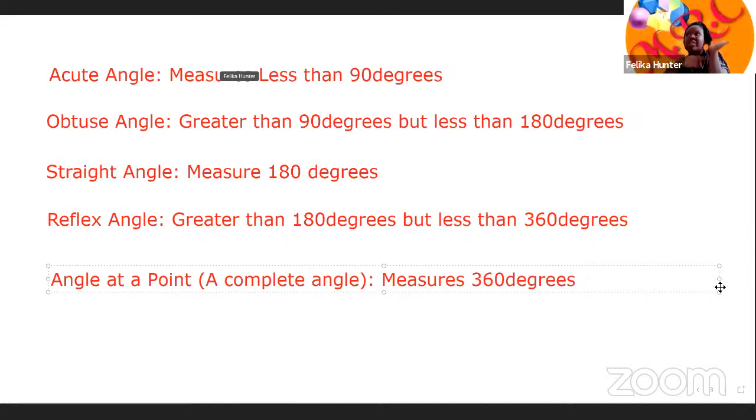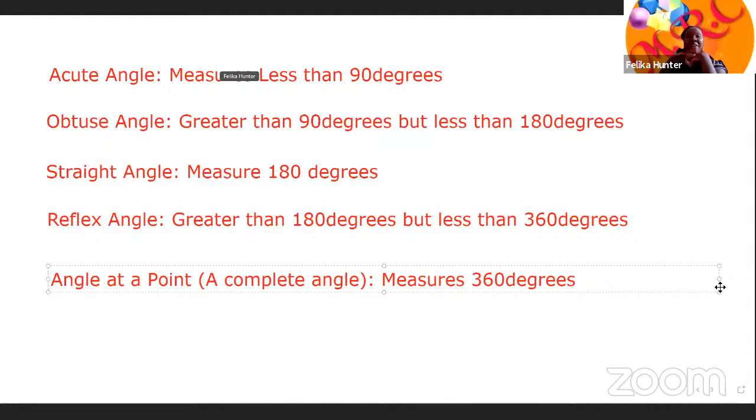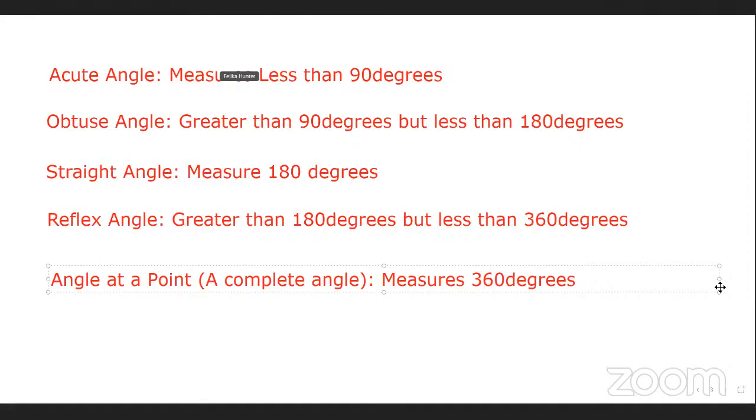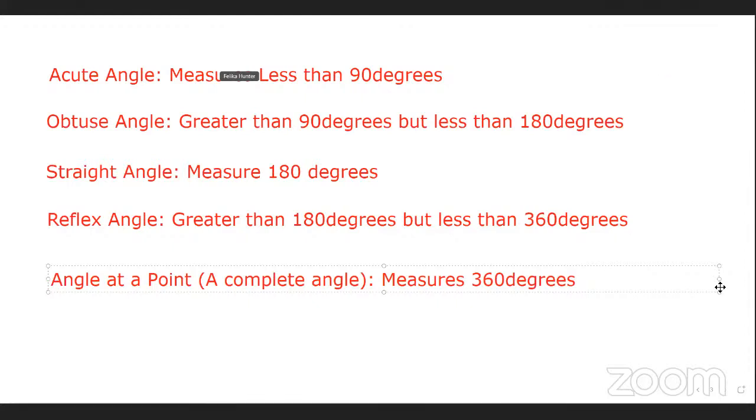So the first time it goes around and stops, that's 360. If it goes around 2 times, how much? 720. And what if it goes around 1.5 times? 540, yes, that is correct.